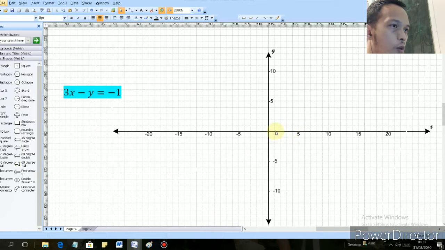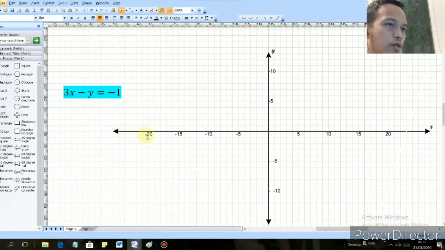For this one, a grid is 1 unit: 1, 2, 3, 4, 5, 6, and so on for the x. And to the left, it is -1, -2, -3, -4. And for the y, I will use the same scale, 1, 2, 3, 4, 5. Be aware that you need to be consistent, using the same scale for one number line.